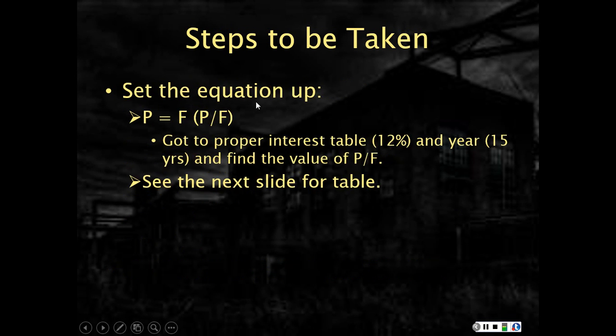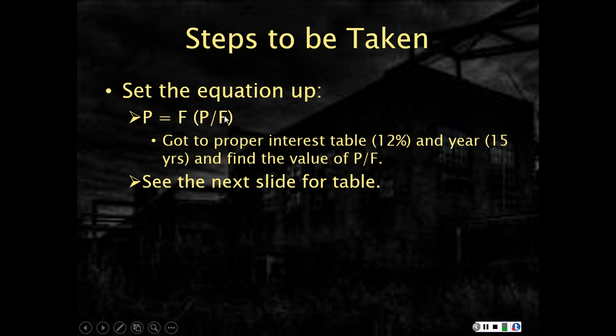So I can set the equation up. To solve for P, present value, I have to take F, my future value, and multiply by something called P over F. And if you look at that, the F cancels out, and I'm left with P.